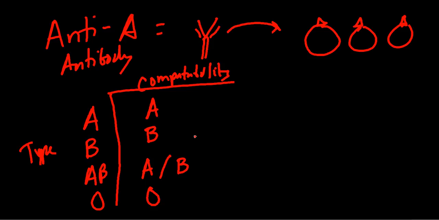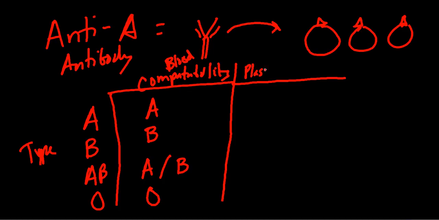That is easy. So now let's talk about plasma. This is compatibility of blood. I guess I should have been a little more specific. Now we're going to talk about plasma. Plasma contains antibodies.